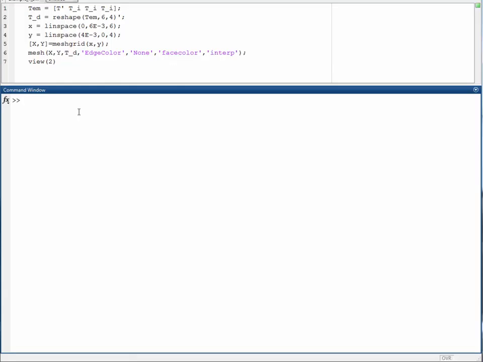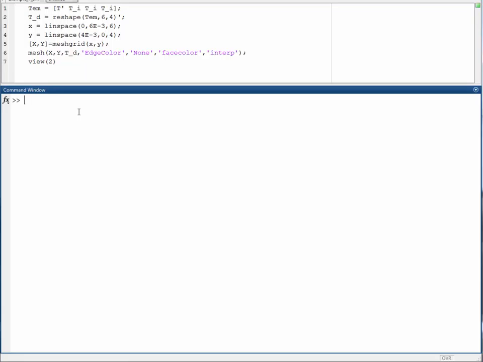The next step to plot it, we need to create the vectors for the x and for the y-axis. For the x-axis, we start at 0 and go up to 6 millimeters, and we have 6 divisions. For the y-axis, we start actually at 4 to 0, because we're doing the other orientation, since we started the labeling of the nodes in the upper part of the y-axis, and then we have 4 divisions.